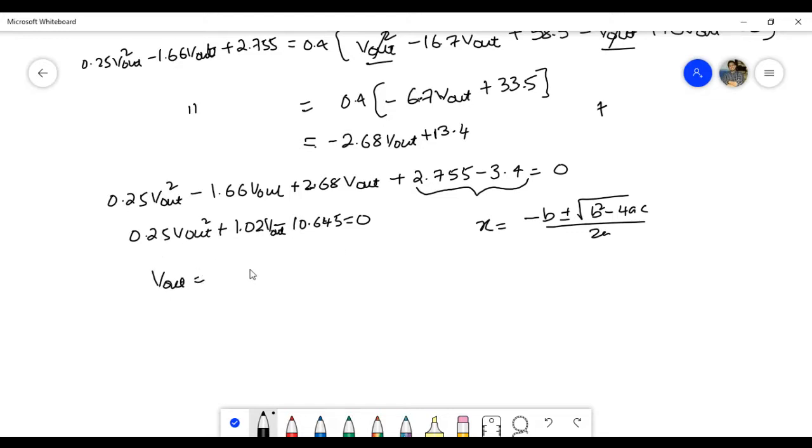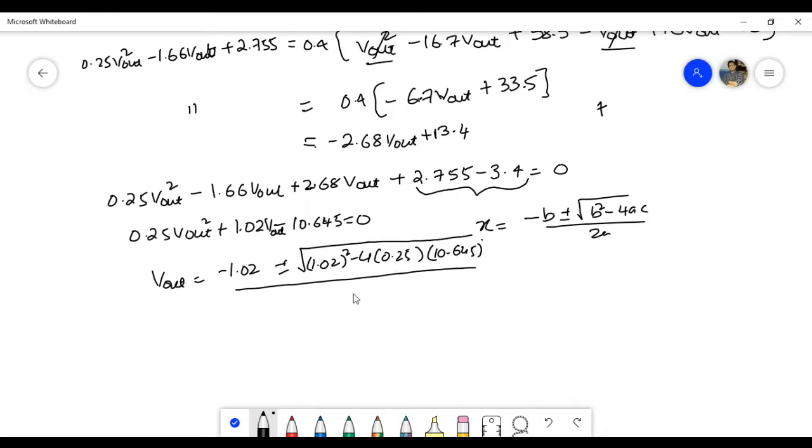So V out is minus 1.02 plus or minus 1.02 whole square minus 4 into 0.25 into 10.645 by 2 into A, which is 0.25. Just solve this and you will get the V out here.